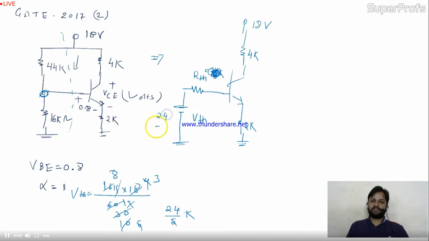So here the voltage VTH is 24 by 5, which is 4.8 volt. Perfectly fine.